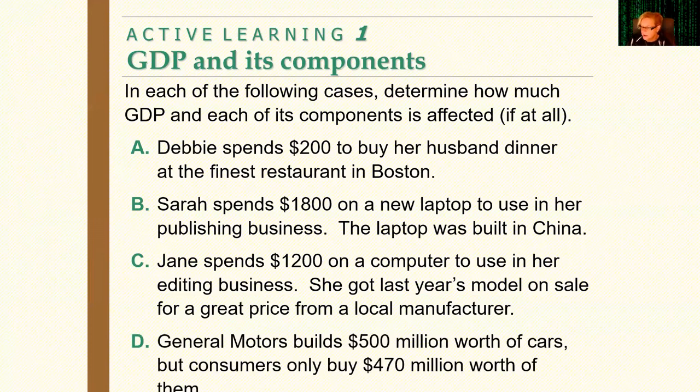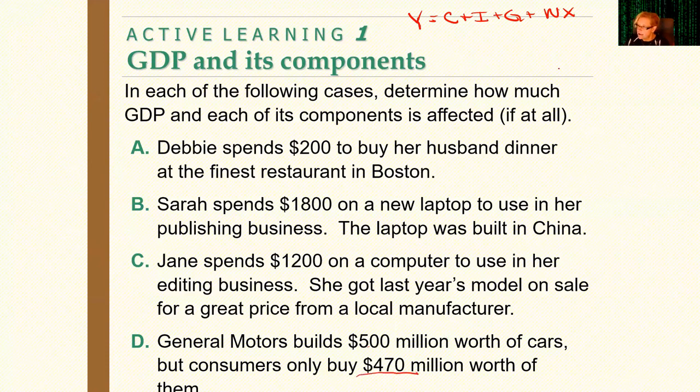Okay, let's look at our last one. General Motors builds 500 million worth of cars, but consumers only buy 470 million worth of them. Let me write up here Y equals C plus I plus G plus NX, right? General Motors builds 500 million worth of cars, and consumers only buy 470.